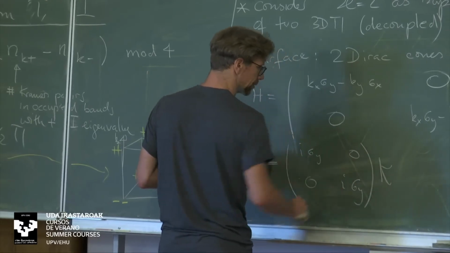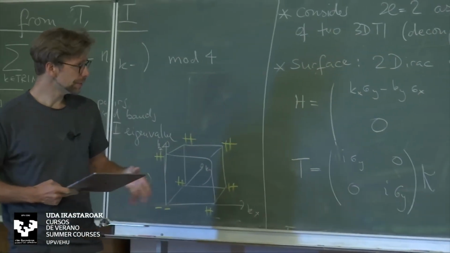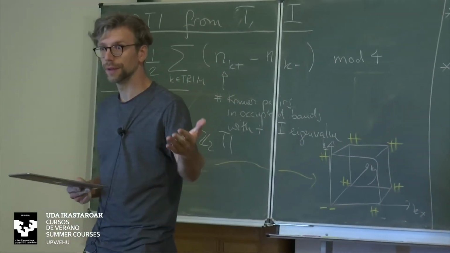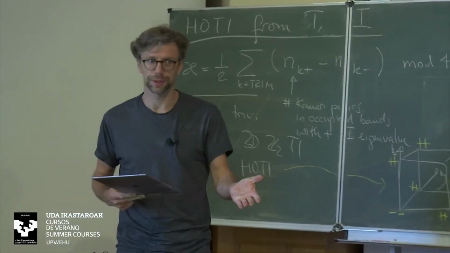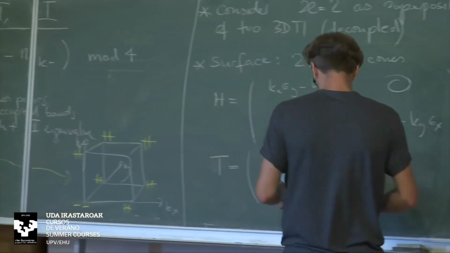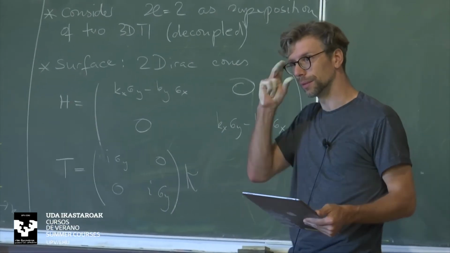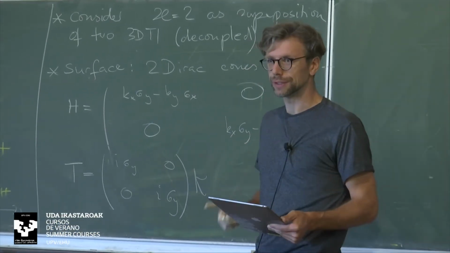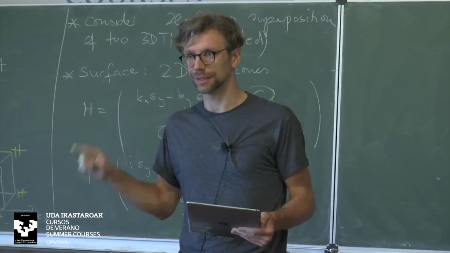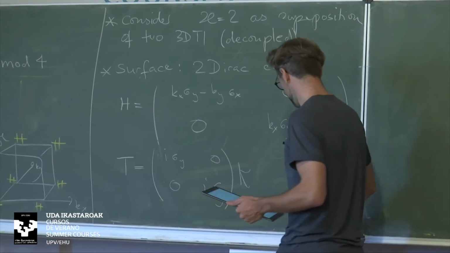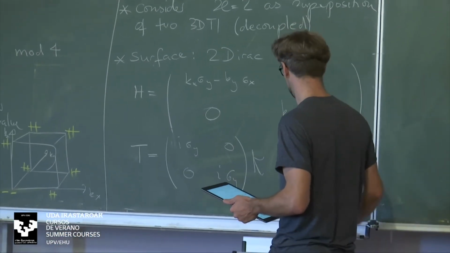times complex conjugation. And in principle, I should now be able to gap out these two surface states without breaking time reversal symmetry because there's only one 3D TI. So there should be at least one mass term that I can add to this system. What's interesting, however, is that there is not just at least one mass term, there's exactly one mass term that is compatible with time reversal symmetry.